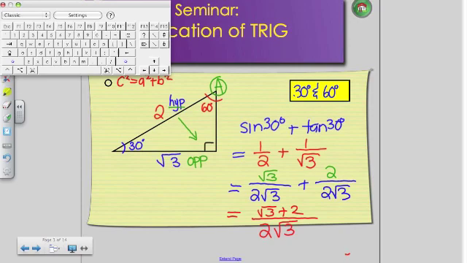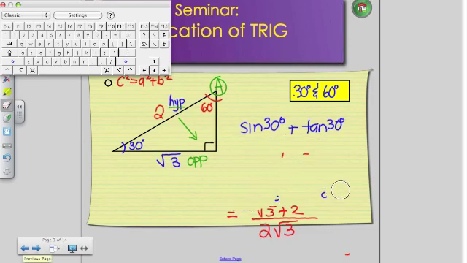I want to show you an example when you're going to be expected to do some multiplication. So let's change this question up a little bit.